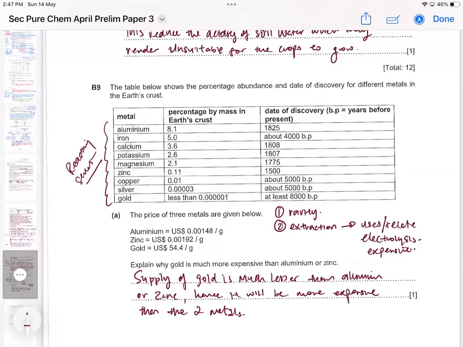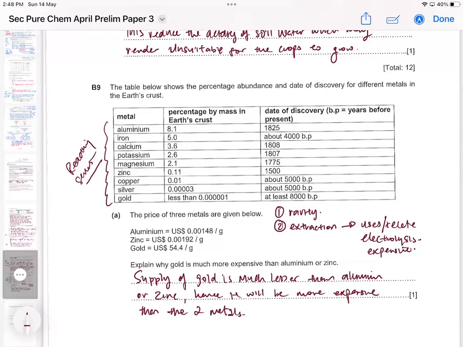Because prior to that, if you want to do, for example, 4,000 years ago, iron they actually extract successfully. But the other metals, you notice that they are not really extracted yet. Maybe because at that point of time, those newer metals that were extracted more recently are mostly the electrolysis metals.